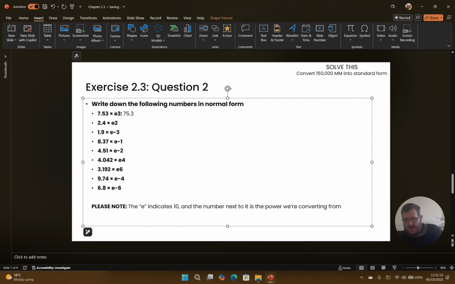That's times 10, that's times 100. And then we've got 2.4 times 10 to the power of 2. 3 is 1,000.